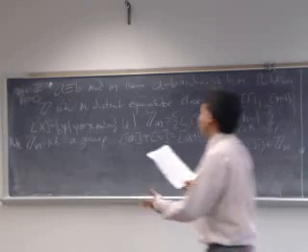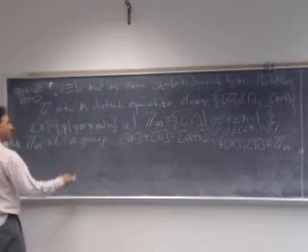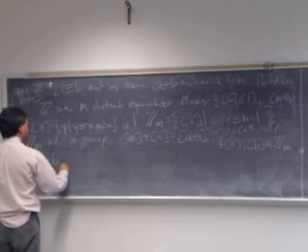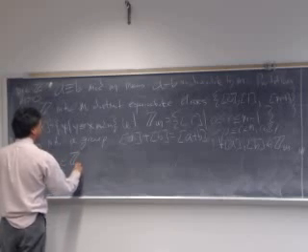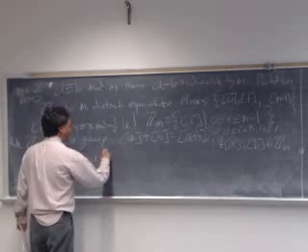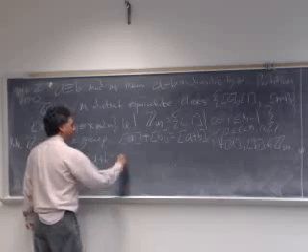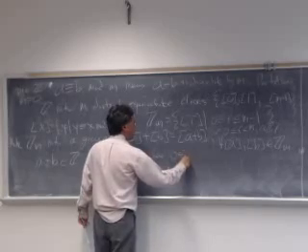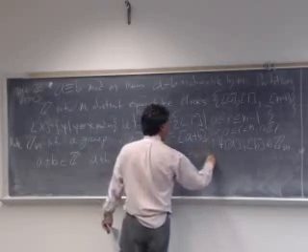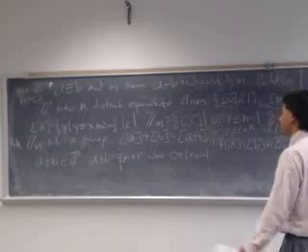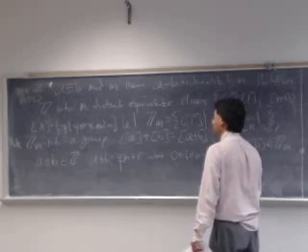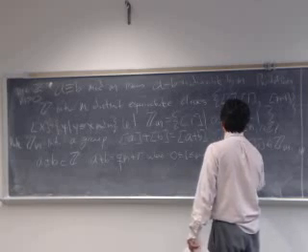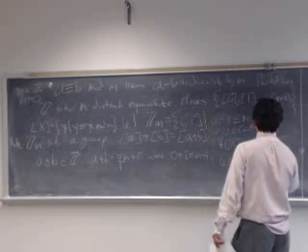So first, is it closed? I think it should be closed because A plus B is just some integer. A plus B is in Z. So A plus B is some Qm plus r, where r is an integer between 0 and strictly less than m. So what would that tell us? That would tell us that the equivalence class determined by A plus B is equal to the equivalence class determined by r.